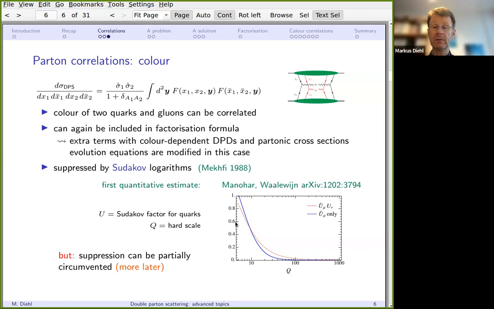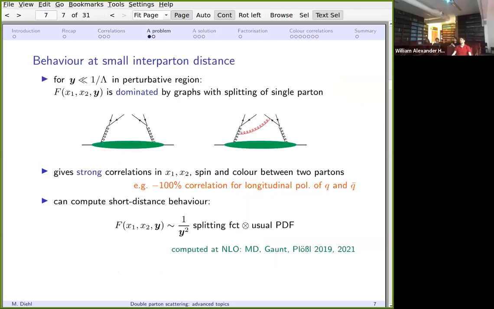If you go to, say, a hard scale of 10 GeV, charm physics, the suppression is a factor smaller than 1, but it's not tiny. But it turns out this is actually too simple for a very tricky reason, and that we will understand later. So for now, let's leave this aside. We'll come back to it when we have seen other things.